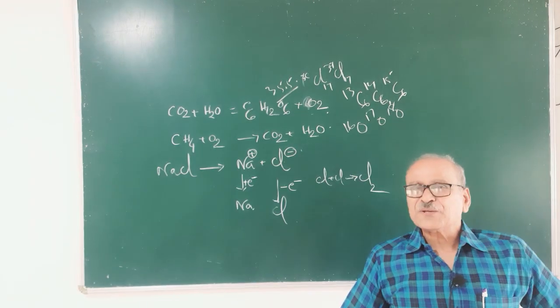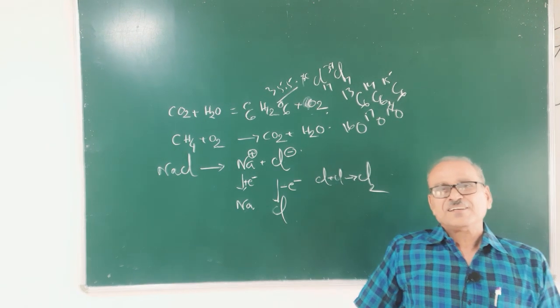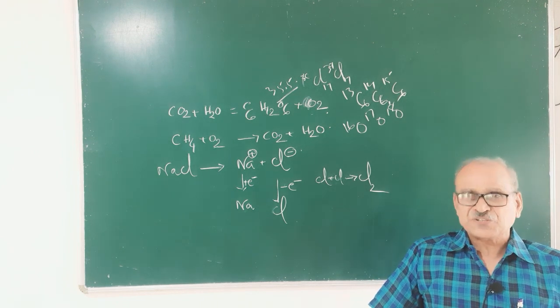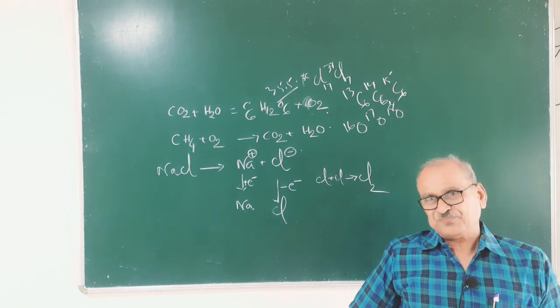Now, let us define a molecule. A molecule could be a combination of atoms of the same element or different elements combined together in a fixed ratio. We call this the stoichiometric ratio.